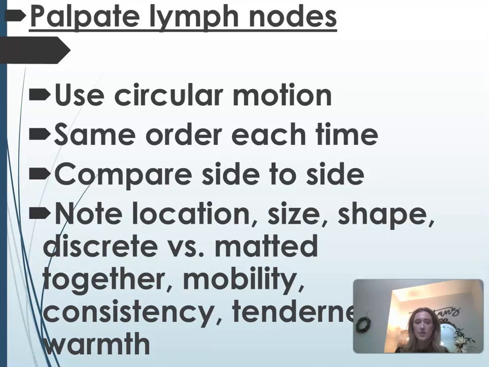Okay. And then when we are palpating lymph nodes, we're going to use circular motions and try to do the same order each time, so that you can remember them and compare them side to side. We're doing them bilaterally, on both sides and simultaneously, so we're comparing them at the same time on both sides.